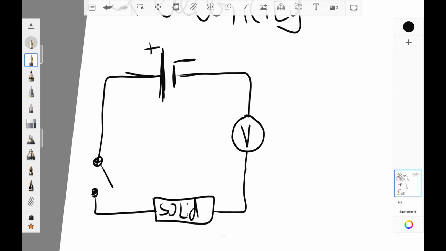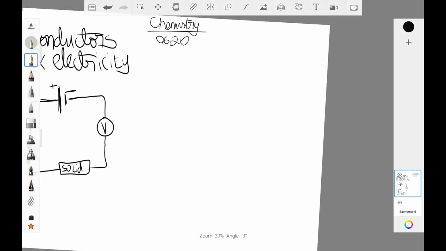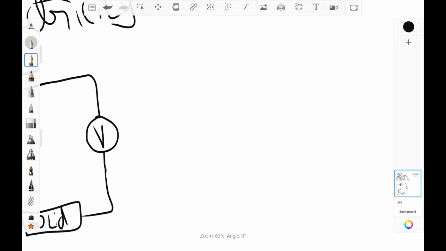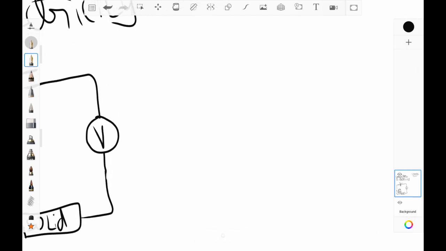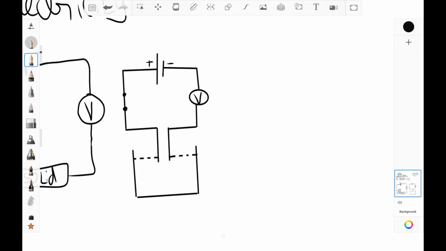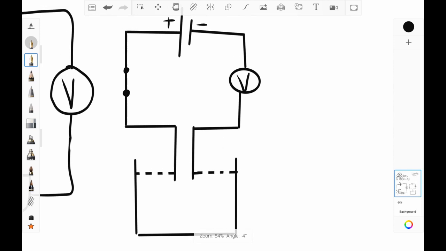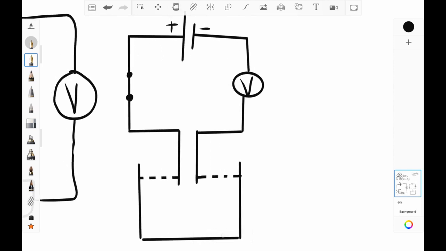Now you can also conduct a similar experiment to check if a liquid or a solution is a conductor. So let me just quickly draw the diagram for that. As you can see here, the setup for this demonstration is also very similar.